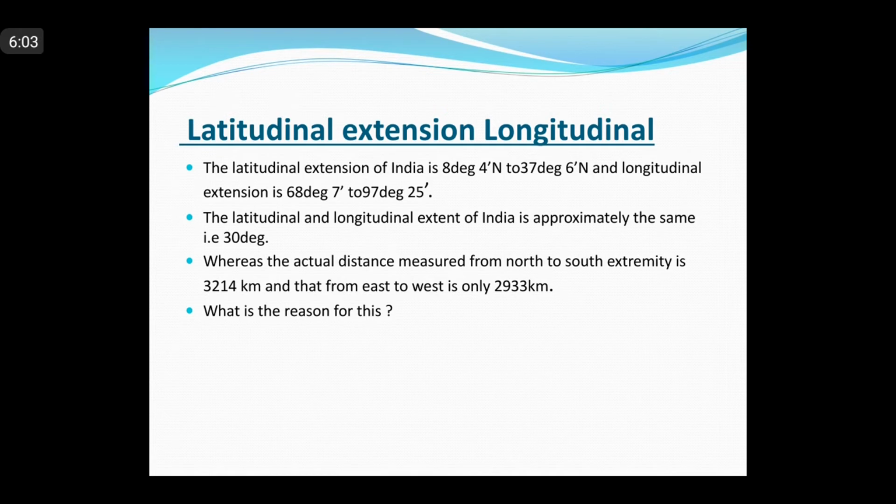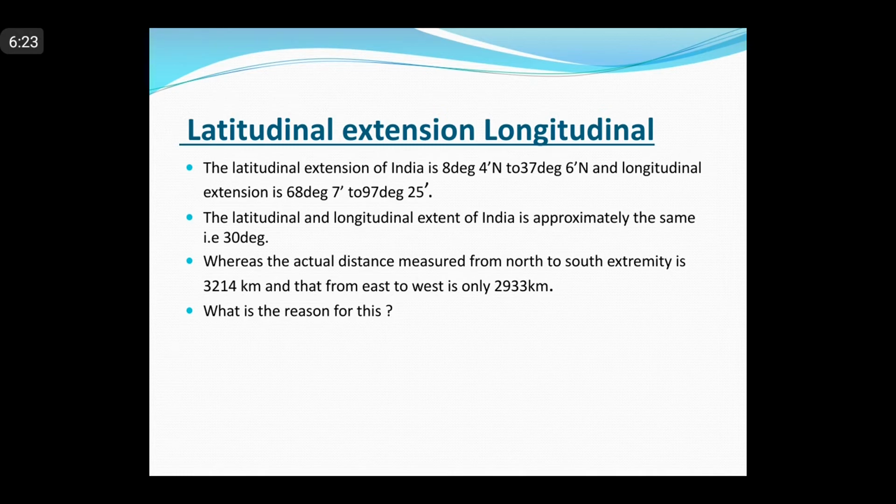Well, what is the reason behind it? The latitudinal longitudinal extent of India, as I just told you, is almost the same, about 30 degrees, and the north-south extent of the country in terms of kilometers is more than its east-west extent.